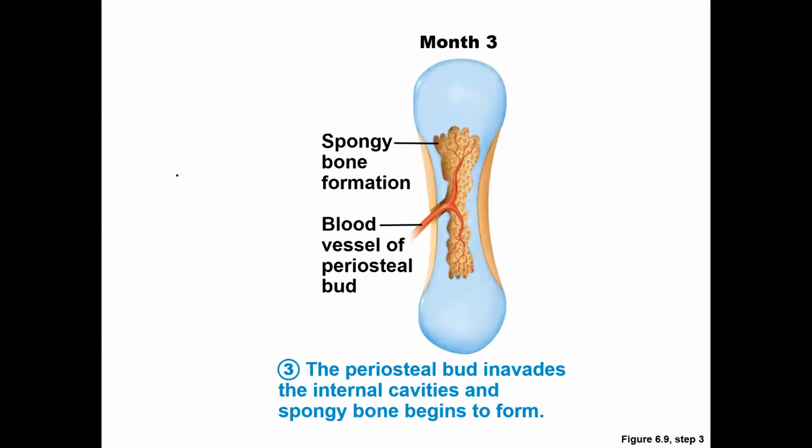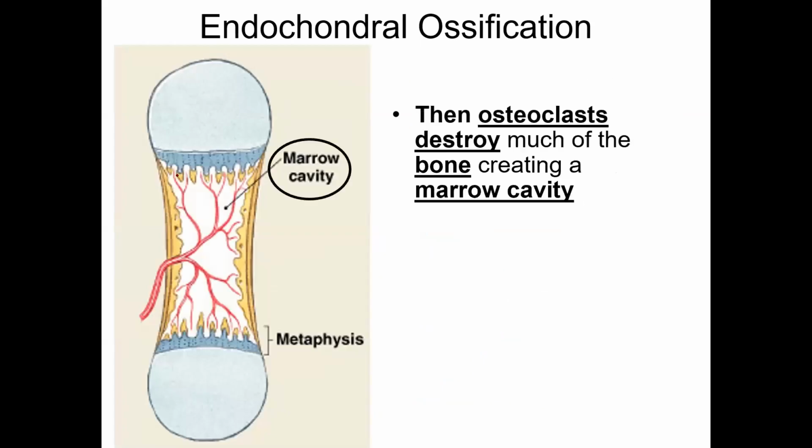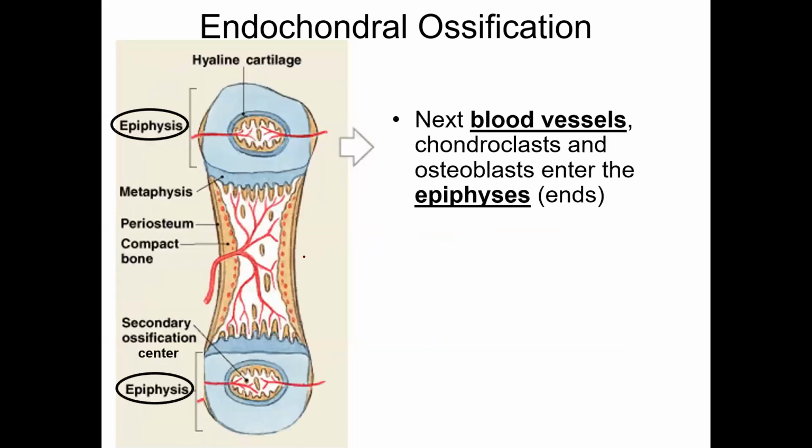So about 3 months in, this is what you've got. Then osteoclasts dissolve the bone in the marrow cavity, hollowing it out, and that's going to be replaced with bone marrow. In the meantime, we're still adding new layers out here. Now, the same thing happens out at the end. It's thick enough, those cells die, it's calcifying out here. And we get these secondary ossification centers.